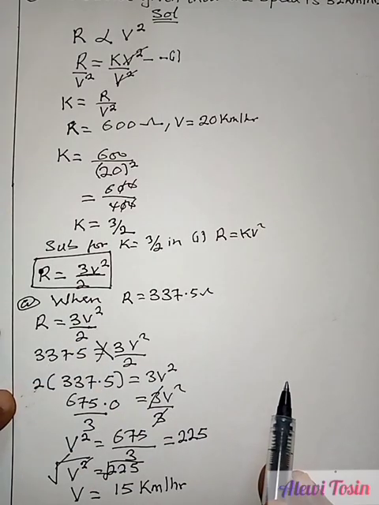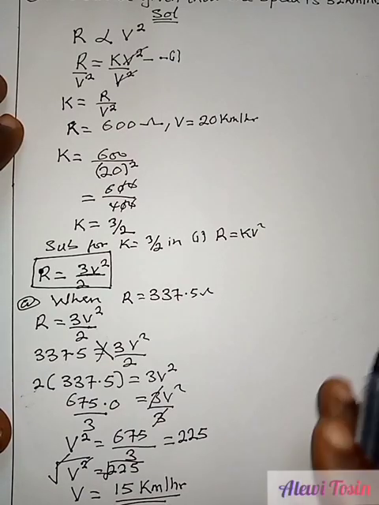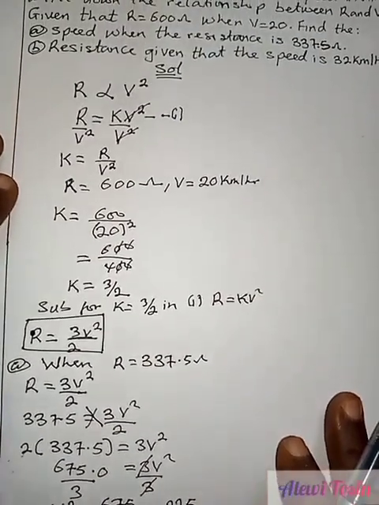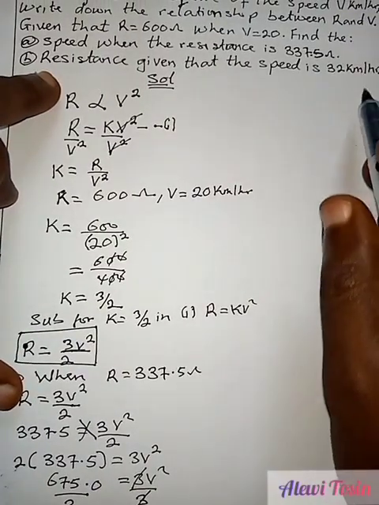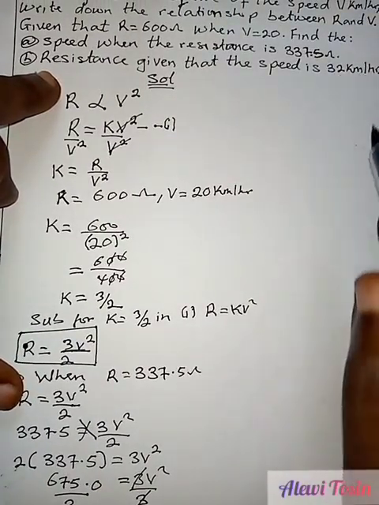Now, the next question says we are to find the resistance when speed is 32 km per hour.